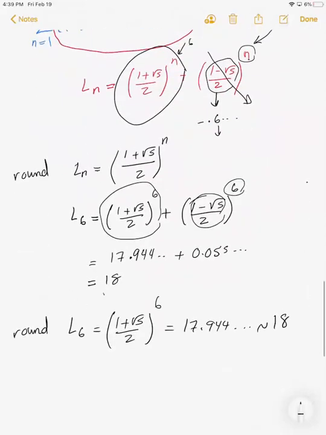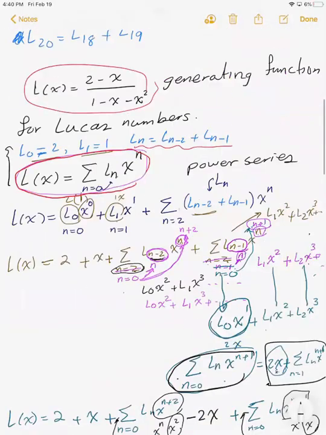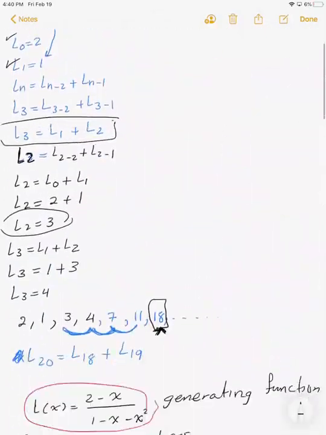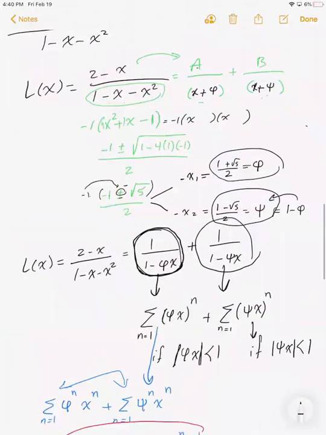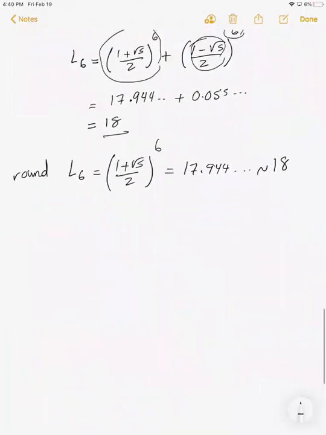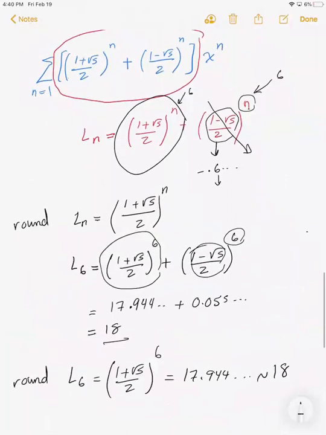So the sixth term is 18. This is the 0, 1, L2, L3, L4, L5, L6 is 18. And that is the end of the lesson.